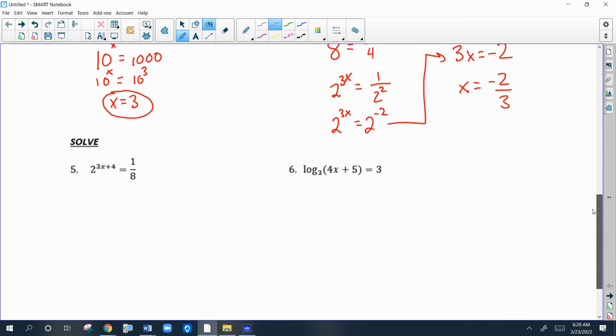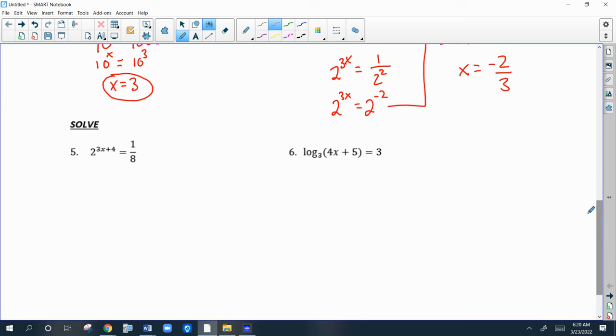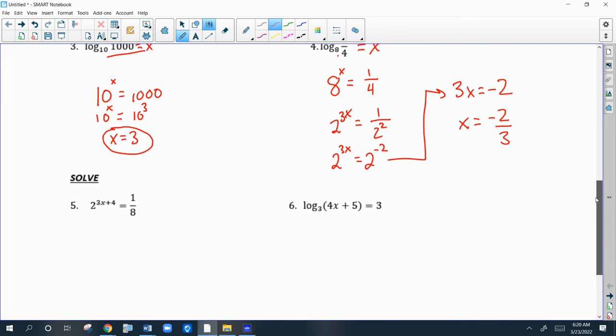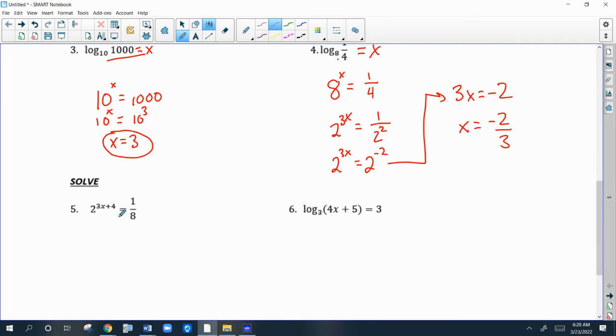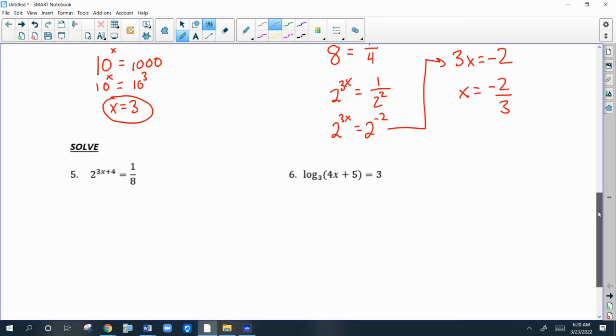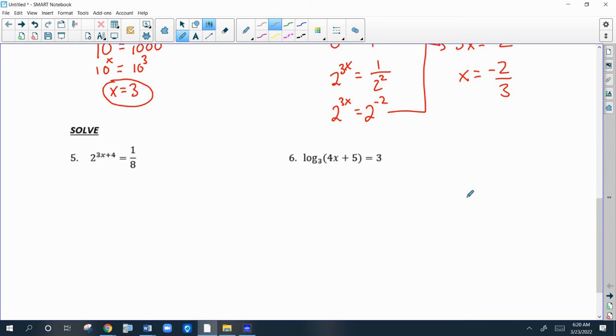Next question, we have some equations to solve. First one's an exponential equation that you can get the same base to. So it essentially is just like the ones above it. So we're going to look for the same base, and this one, like the one before, has the same base of 2. So we already have that base there. 8 is 2 to the third.